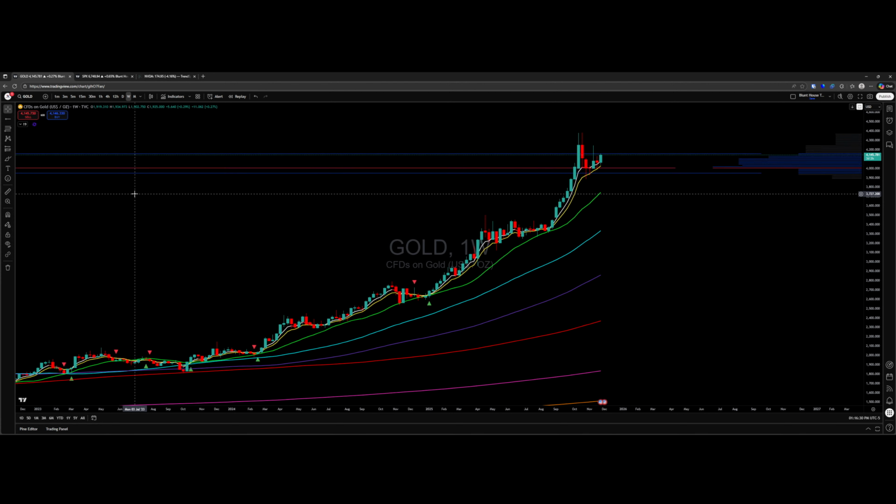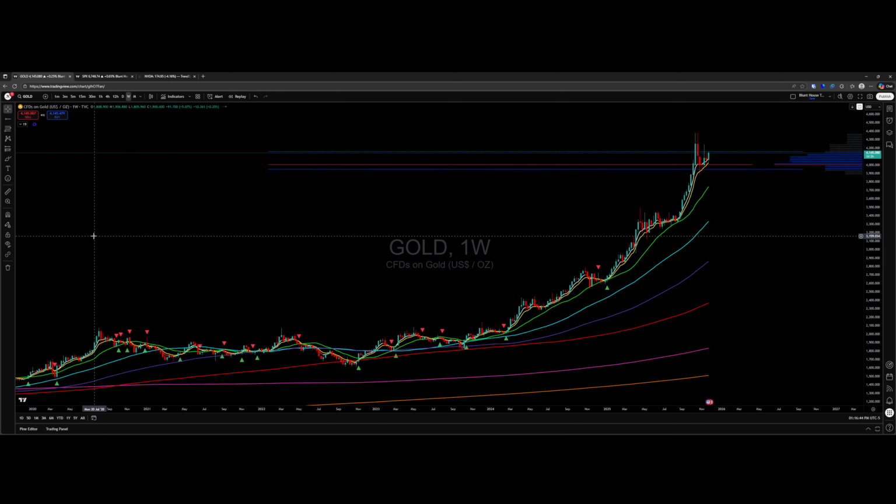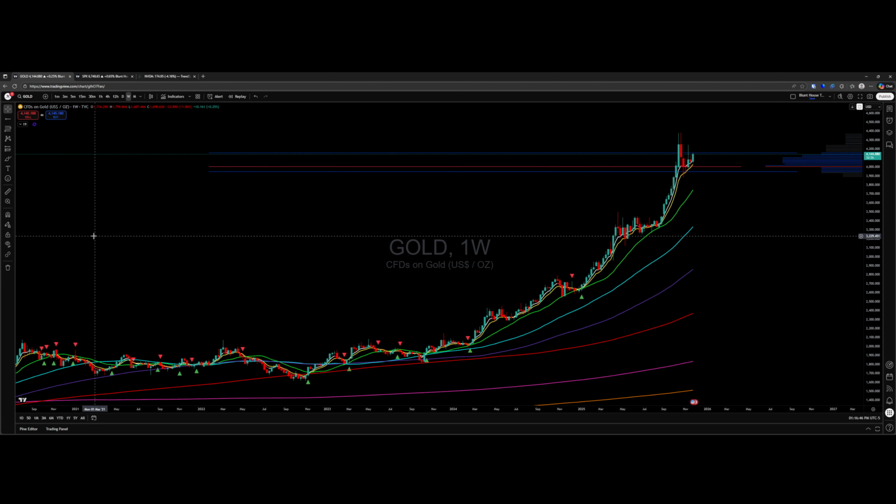Is that still a bullish chart? Do you see a red sell signal on that chart anywhere? From late 2024? Yeah, from late 2024. Nothing. That thing's intact. So what's more important?